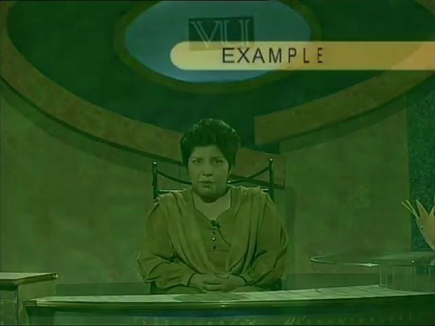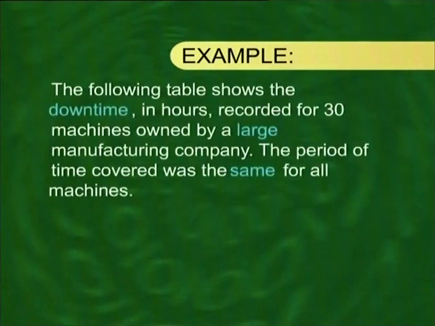Let me explain this point to you with the help of an example. Suppose that we have data regarding the downtime in hours recorded for 30 machines which are owned by a large manufacturing company. And it is known that the period of time covered was the same for all machines.